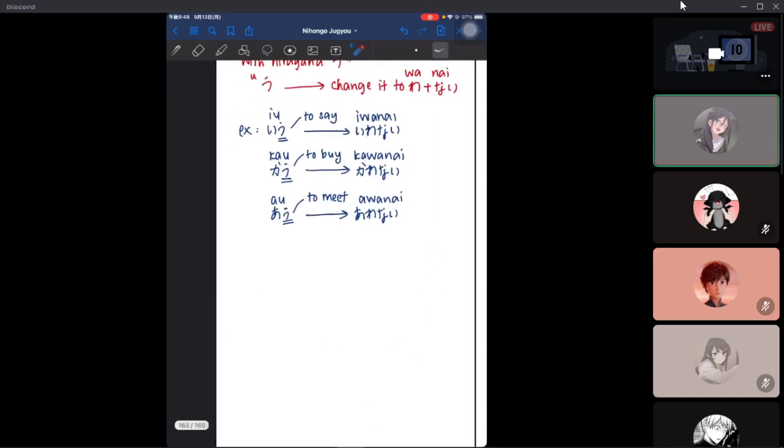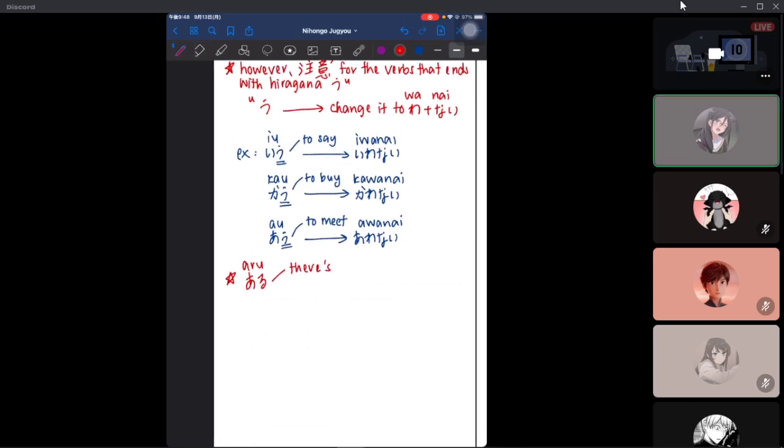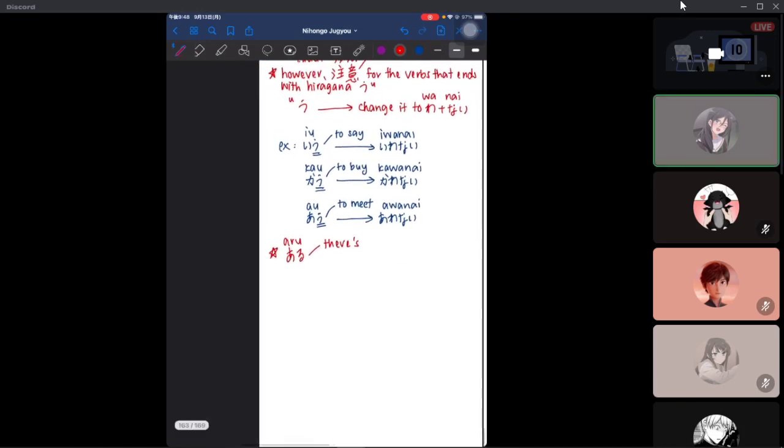And then there's also another one which is considered an exception, which is the word aru, which means there is. Basically this one you have to remember, you just change aru to nai.